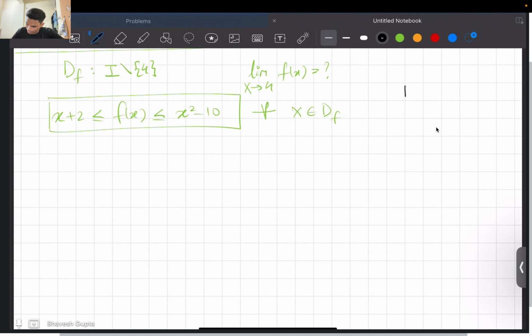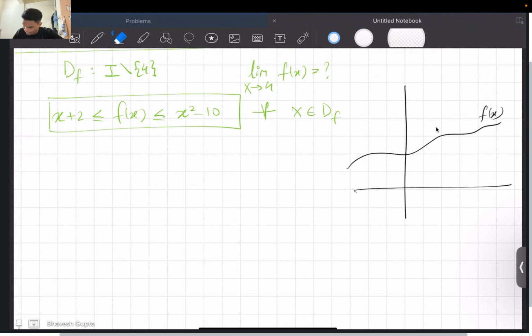Okay. So basically we have this function f of x. I don't know what that function is, but there is some function here. Let me draw something realistic, not something schematic.